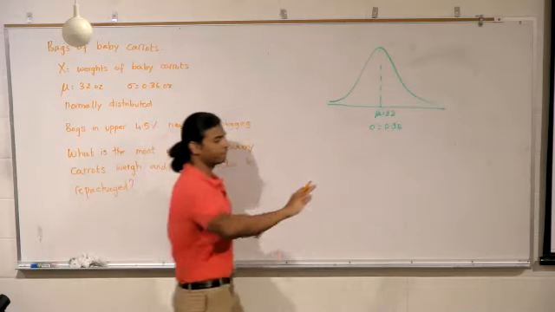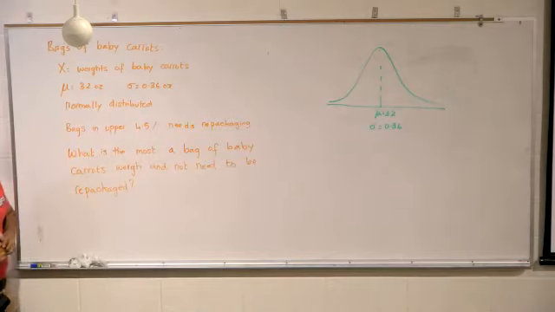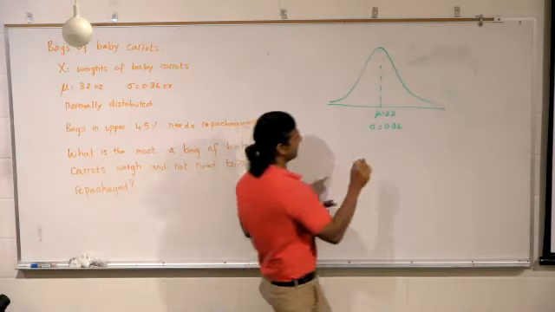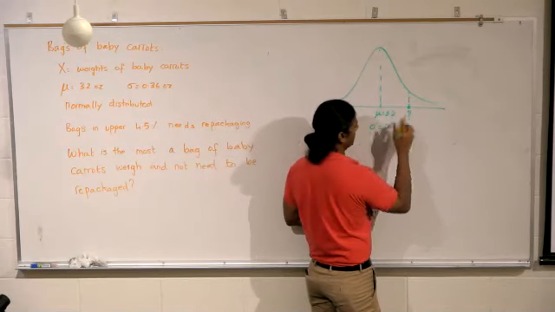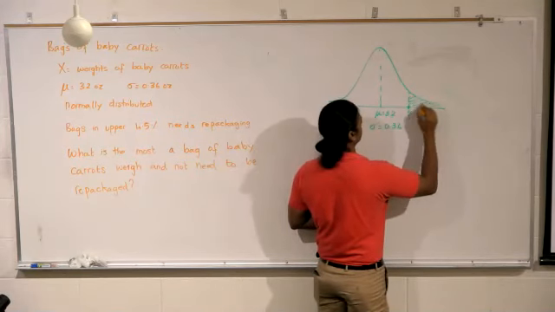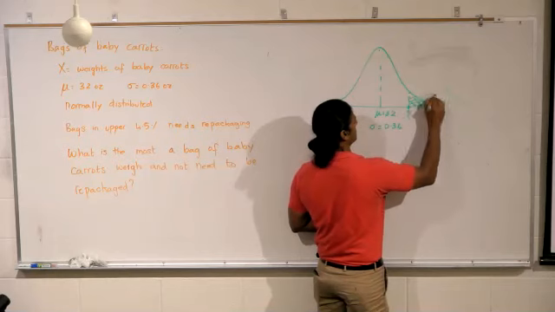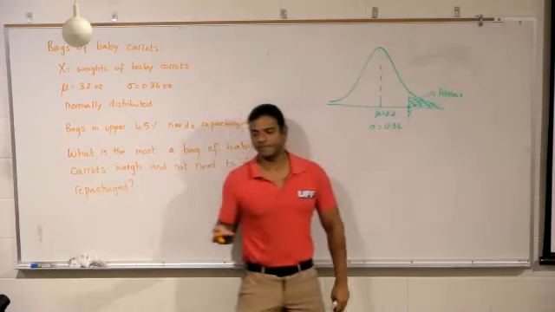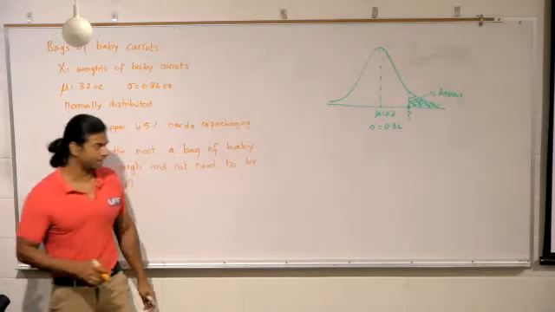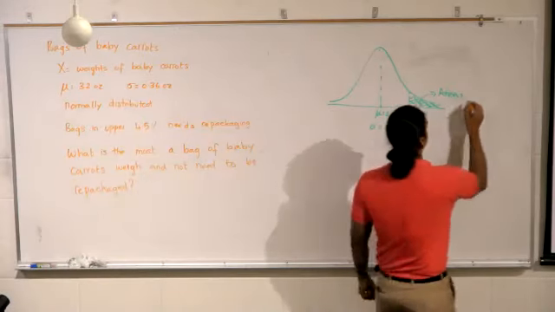So the top 4.5% would mean anything above whatever number that might be. 4.5%, if you convert it to a probability, is 0.045.